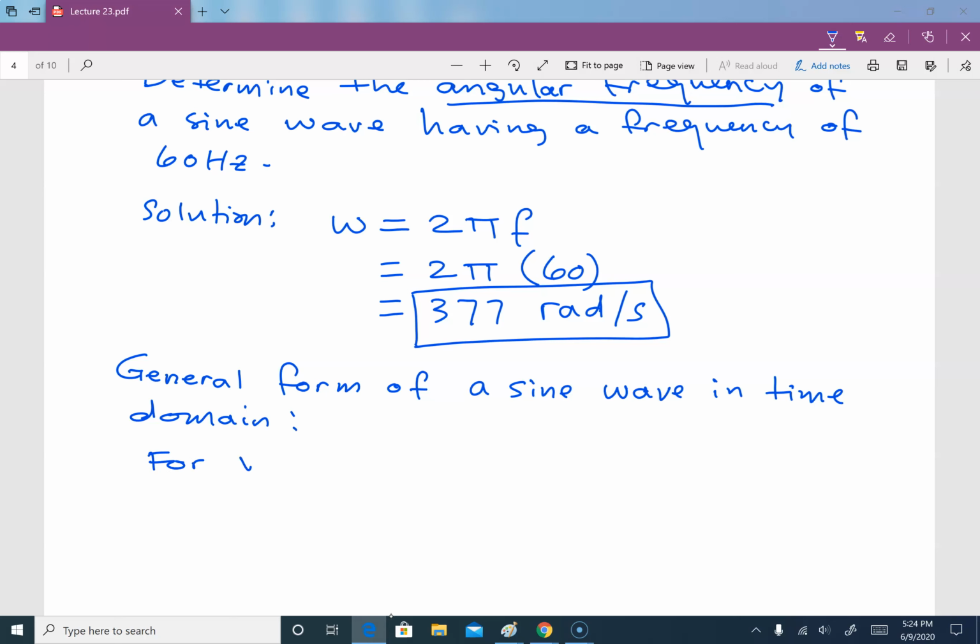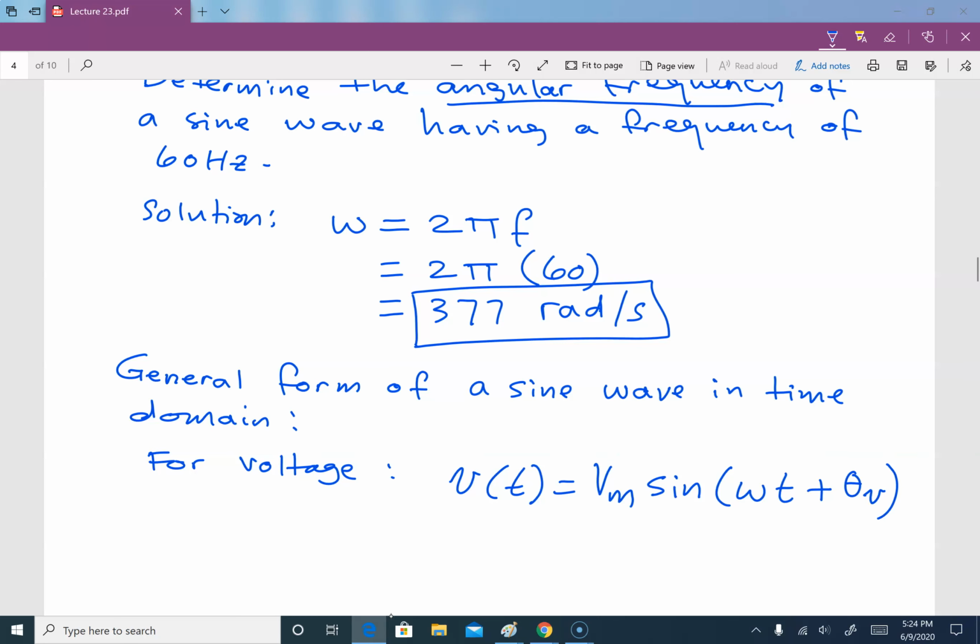For voltage, v of t is equal to Vm sine omega t plus theta v, and that is of course in volts.